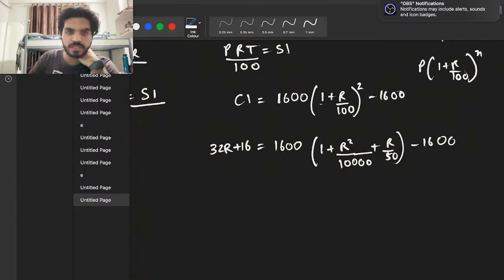And we are given the difference between the two figures, the CI and SI. That's why the principal is reduced. I hope I'm clear.